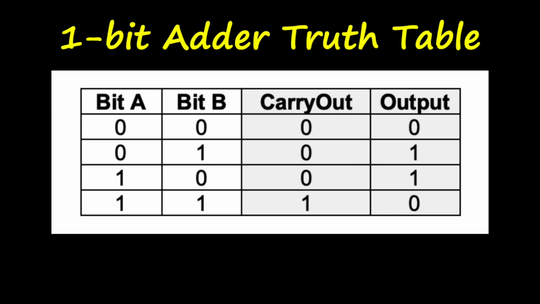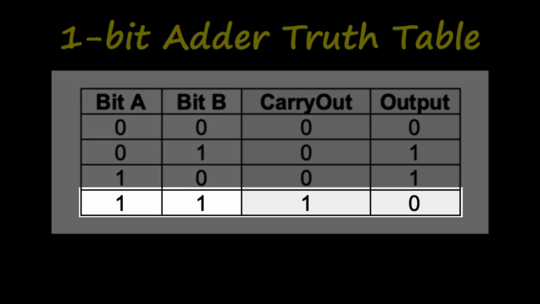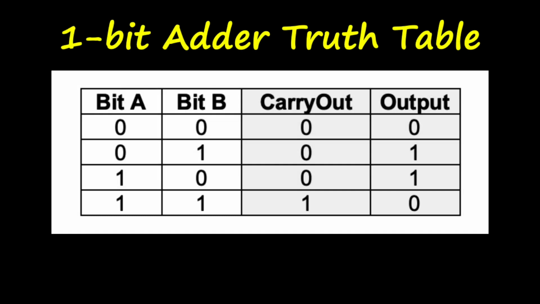These two outputs work together to represent a 2-bit binary number. The output is the low-order bit, and the carryout is the high-order bit. These two bits are necessary when both inputs are 1s, as shown in the last row of the truth table. We will explain later why we refer to the high-order bit as carryout.